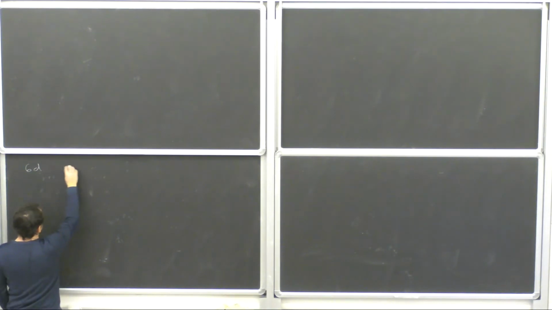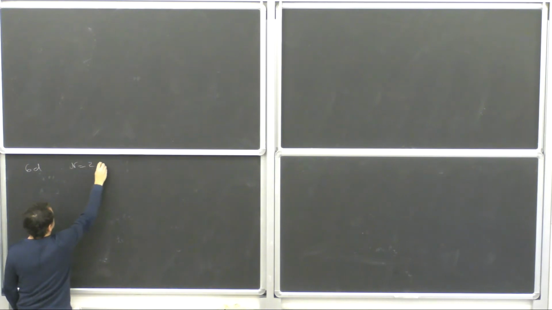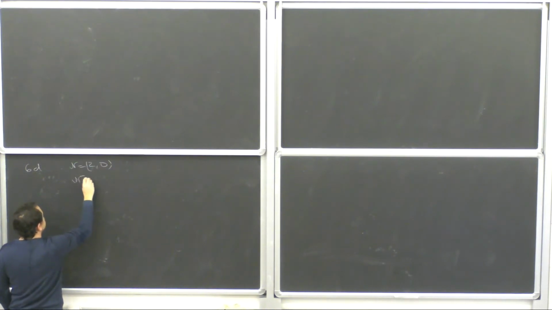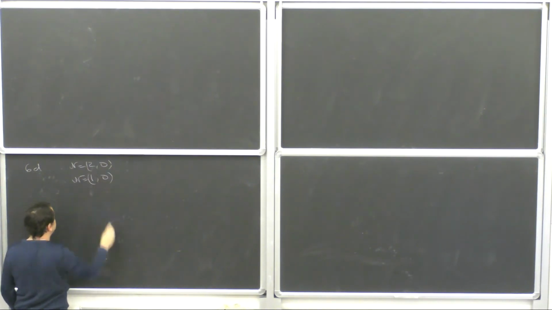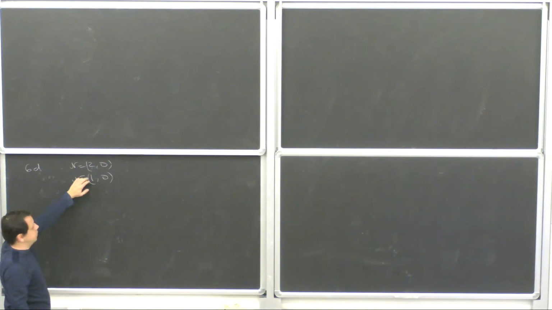So in 6D, you have 2 superconformal algebras. I'm not going to write the notation here, but this is the maximal number of dimensions that you can have a superconformal algebra. And so there's a 1,0 and a 2,0 superconformal algebras.